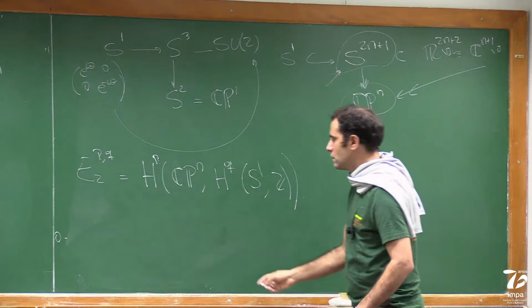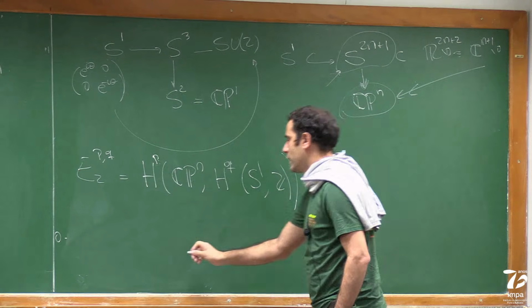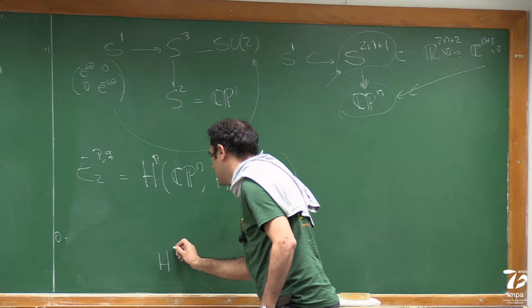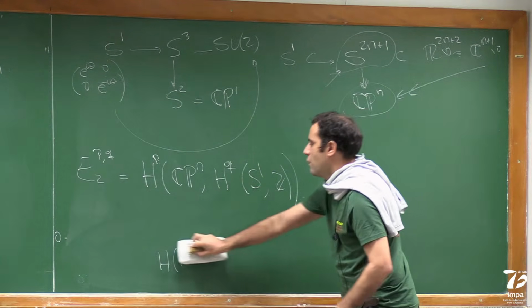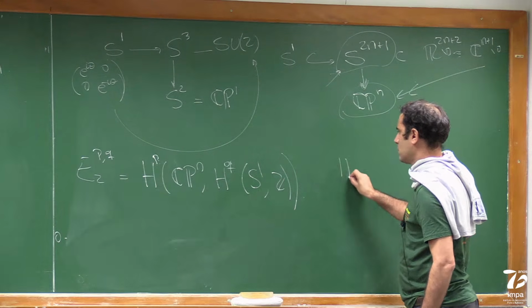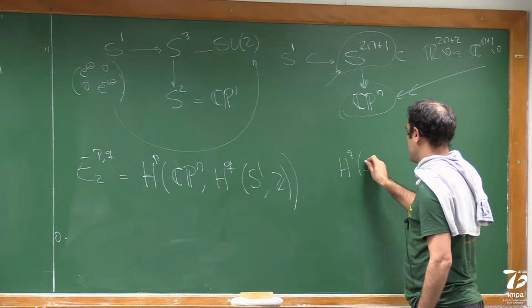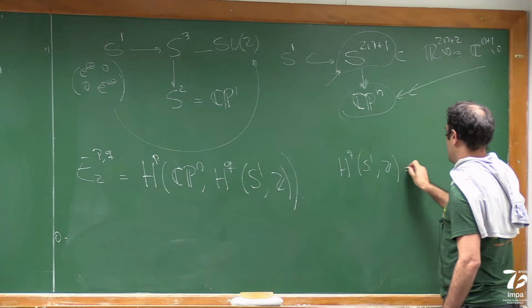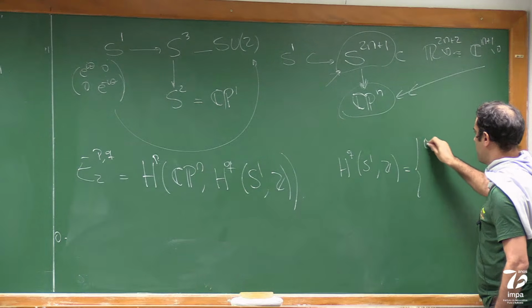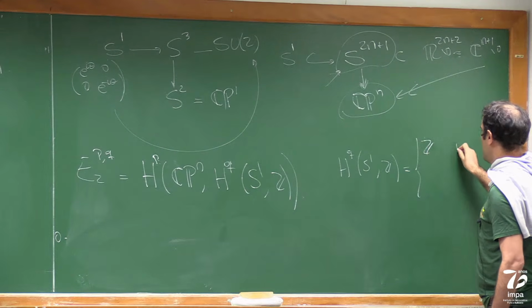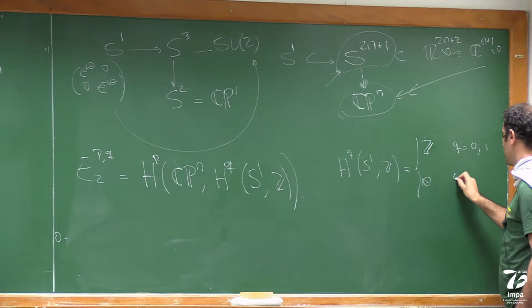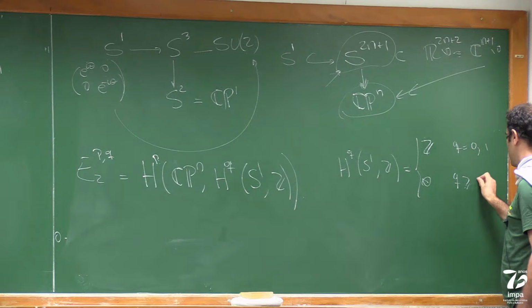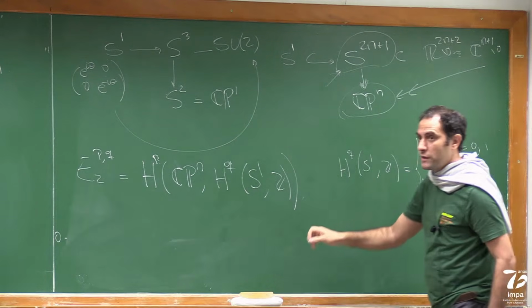Okay, so what do I have? So I have the homology of CP^n. Well, the homology of S1 is equal to Z if q is equal to 0 or 1, and is 0 otherwise. So this thing has only 2 rows.